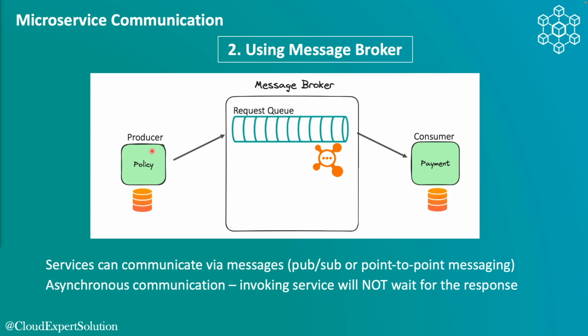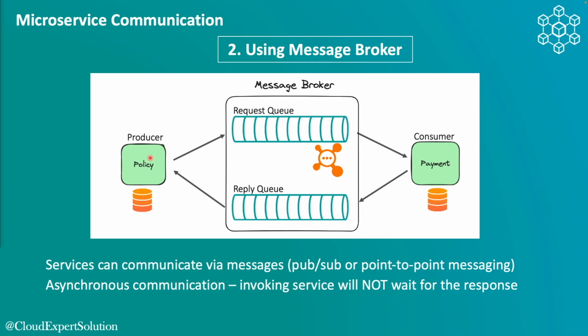Now you might be asking, if my policy service is invoking the payment service, then how will the response come? If you need a response from the consuming service, then you can create a separate reply queue. For our case, the producer module will first put that request into the request queue. Then the request will be passed to the consumer application.